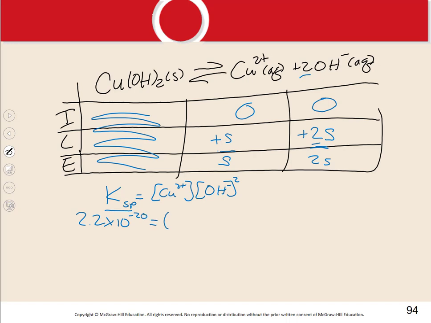Copper we now have defined as S. Hydroxide we've defined as 2S. Don't forget that that's still being squared. Yep, the table on page 803.